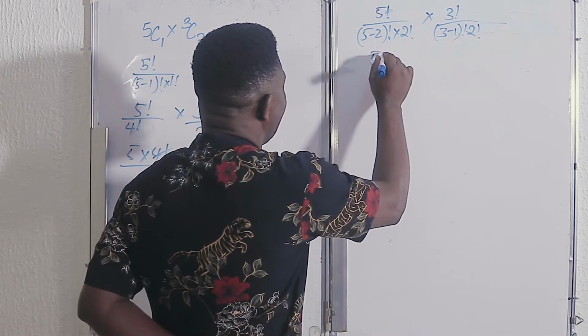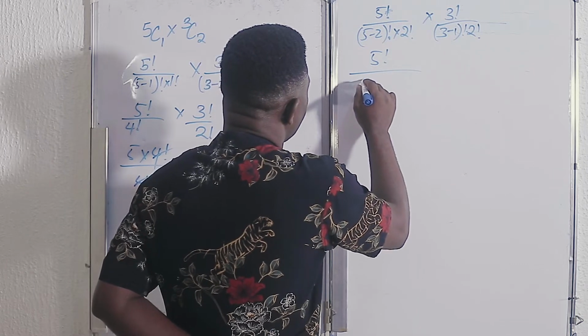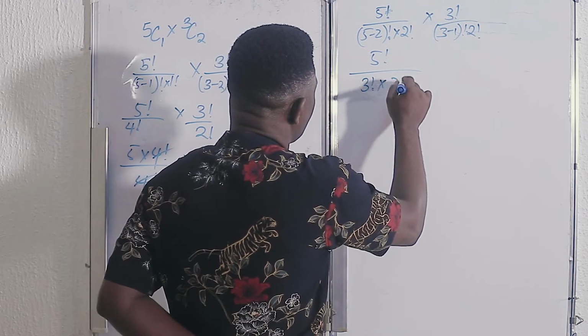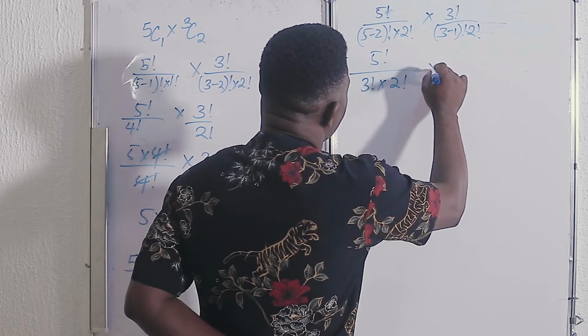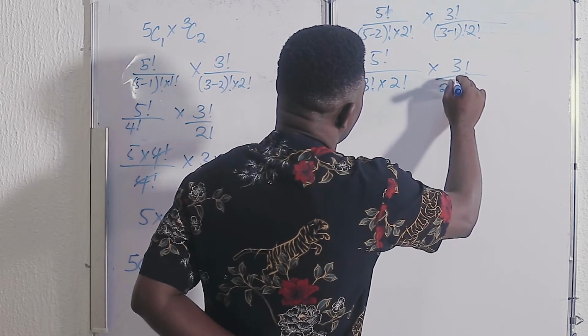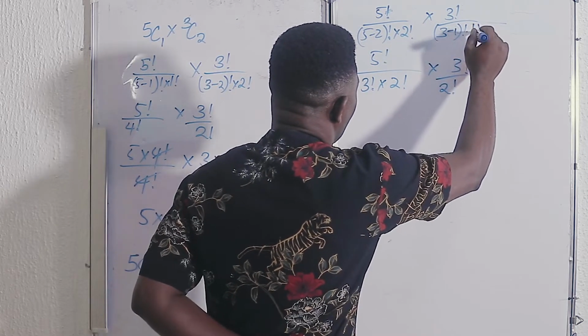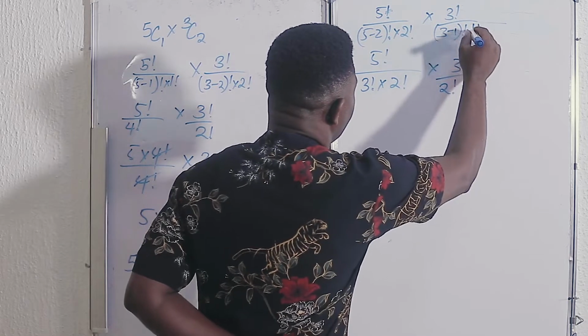This will give you 5 factorial all over 3 factorial times 2 factorial times 3 factorial all over 2 factorial. Sorry, this is 1 factorial, not 2 factorial.